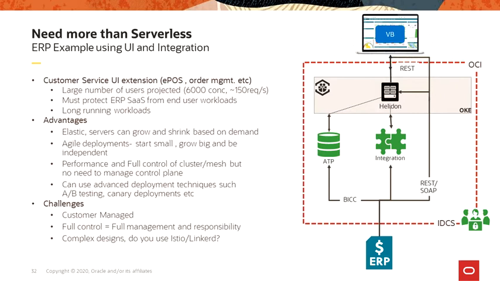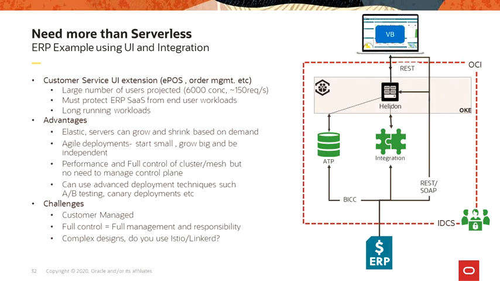So what this customer wanted was something that was elastic. Serverless sounds good for that, but they wanted it to be completely agile, and they wanted to do clever things like A/B testing and canary deployment, etc. So for these guys, we prototyped and built out this scenario.